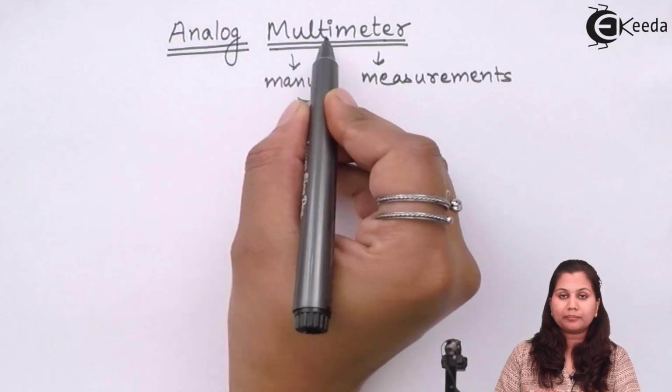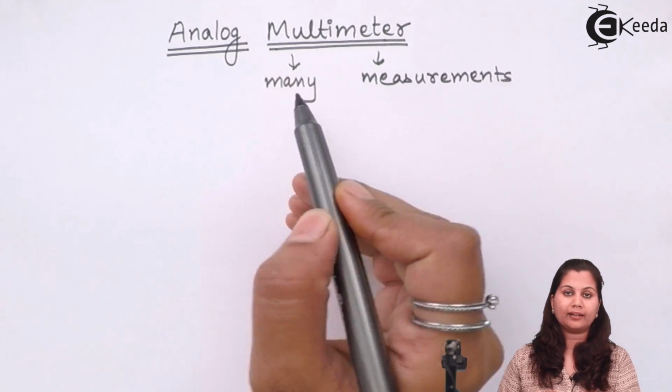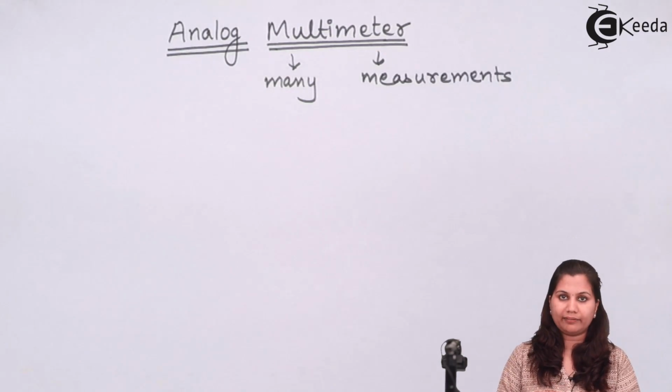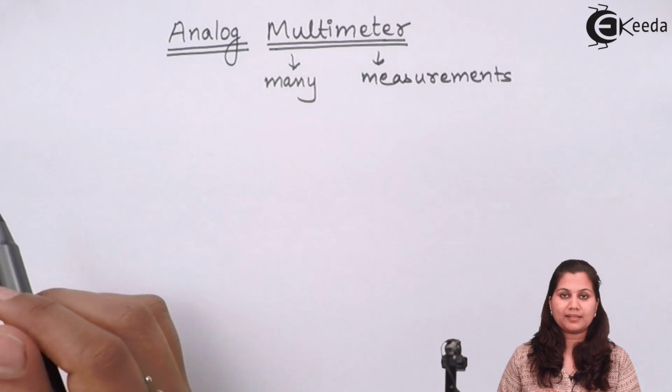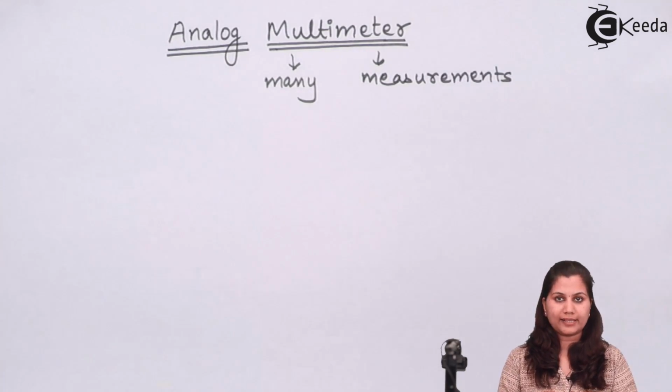So this analog multimeter is an instrument which is used for making multi measurements. Okay, means various types of measurements can be done with a single device. These measurements include the measurement of voltage, current and resistance.